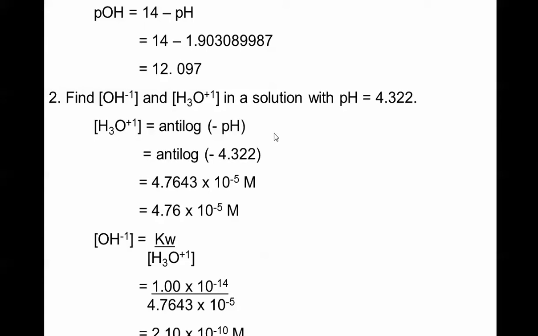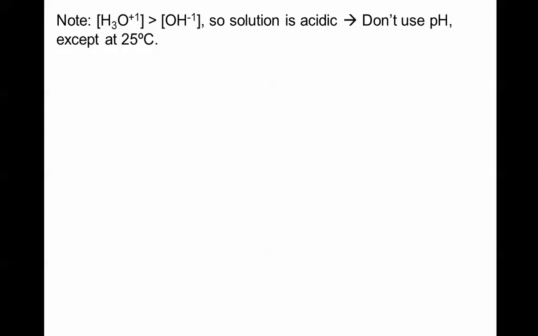That pH loop is very important to know and have memorized. Some of it's quite easy and natural, but knowing what to do when will keep that map nicely in your brain, and you'll be able to use it whenever you want. Just a note at the end: because the hydronium is in greater concentration than the hydroxide, the solution is acidic.